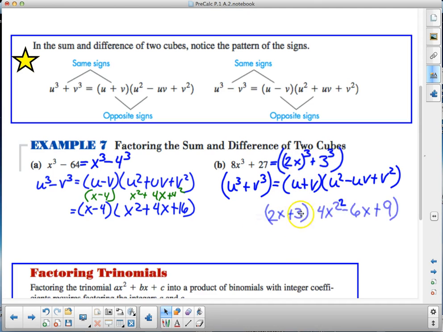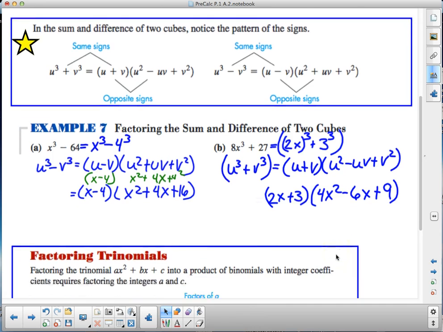So that's my leading 2x and 3. That's going to be 4x squared. Somebody forgot to put a parenthesis in here, so we'll get that going. I'm not sure why I have that extra 2 there, so we're going to dump that out. But now we have 2x plus 3 and 4x squared minus 6x plus 9, and that's our solution for this example.